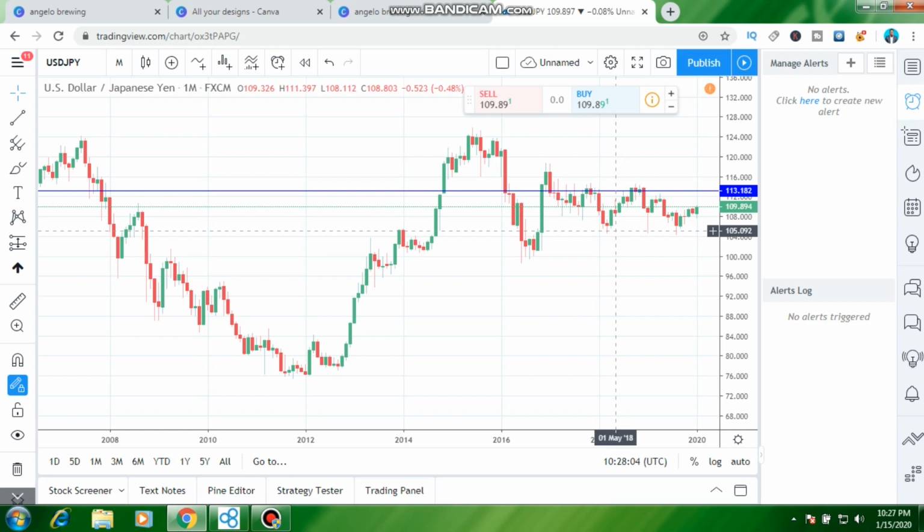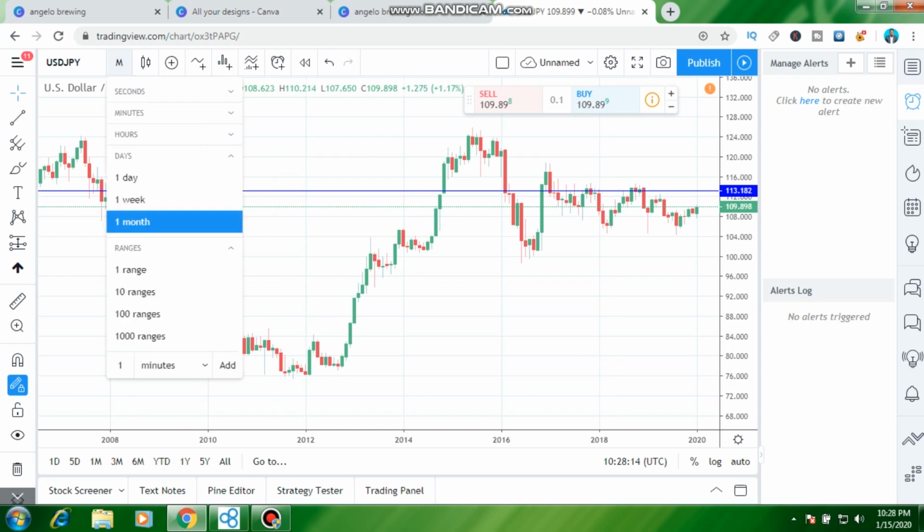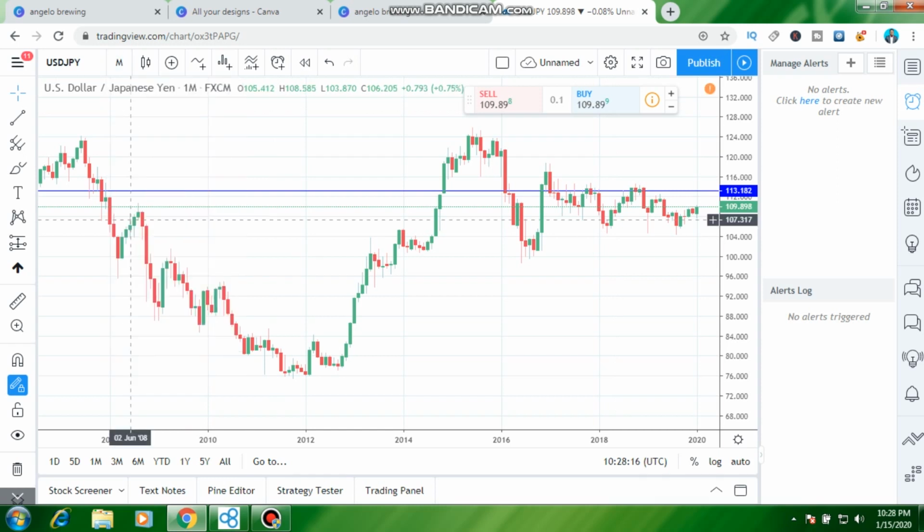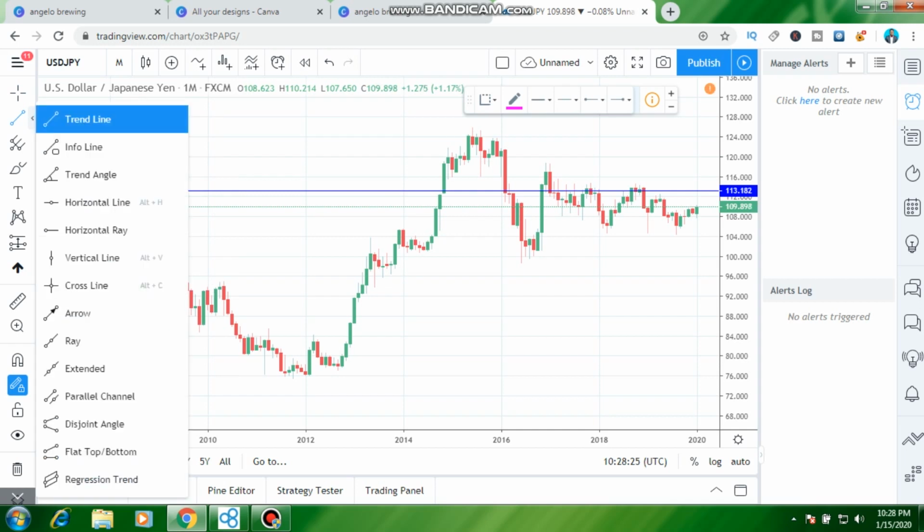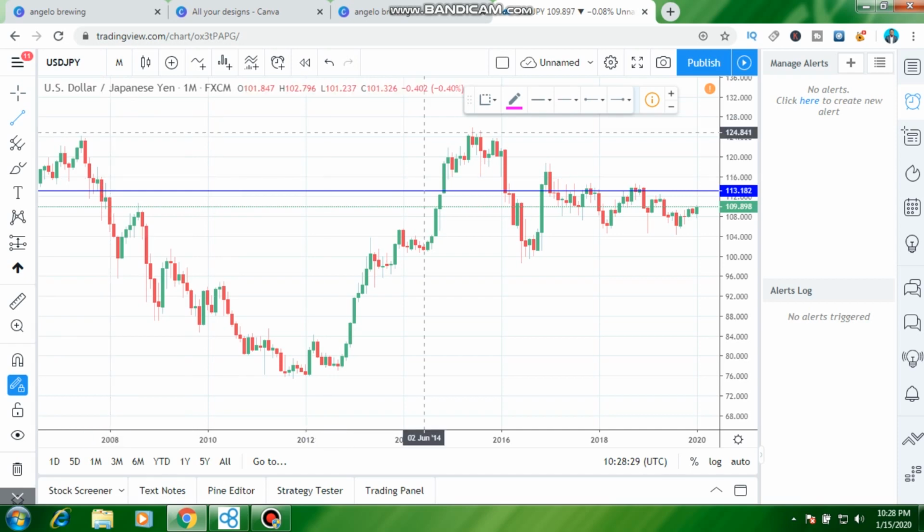USDJPY. Let's first of all analyze the trend of USDJPY. Currently we are on the monthly time frame, and on the monthly time frame this is what we have. When you look at this technically, you will see that USDJPY is on the downtrend.